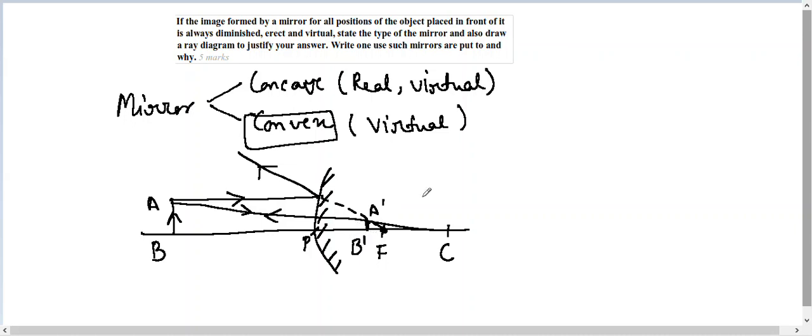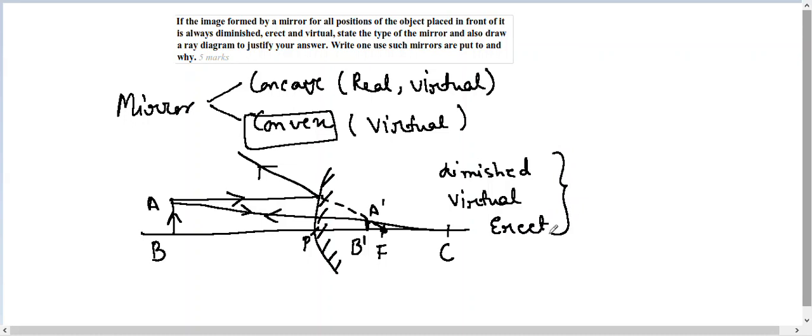Therefore, here we can see that our image A dash B dash is diminished as the size is small. It is virtual because the rays were not actually meeting. We have made them to meet at a point, and it is erect. So these are the properties of the image formed by a convex mirror.